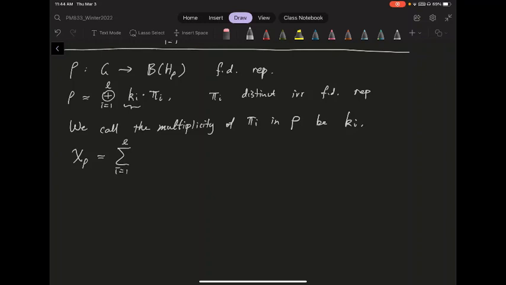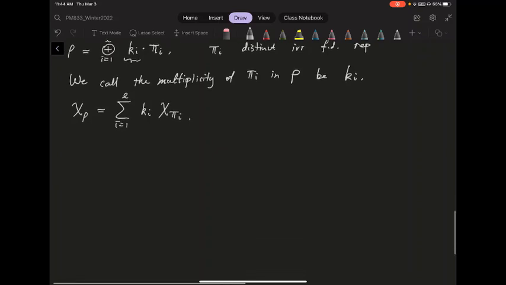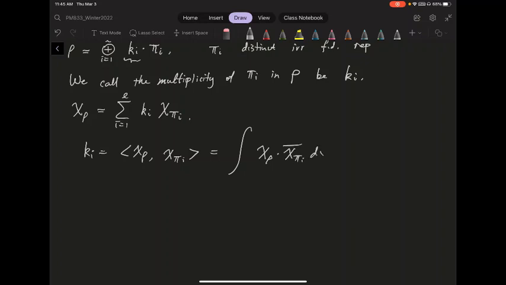So this is written as the summation of the k_i times the character of these pi_i. And because all of these characters chi of pi_i are orthonormal, so they're orthogonal to each other, and each one of them has norm 1, if I want to just recover the k_i coefficient, then k_i is essentially just equal to this inner product of chi_rho with chi of pi_i. Okay, so in other words, this is the integral of the character of rho with the corresponding character function of your irreducible representation, and that will recover the multiplicity. Okay, so this is the multiplicity.